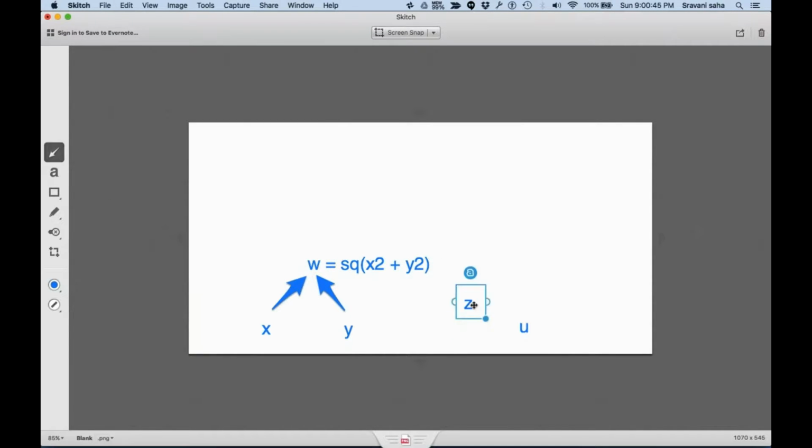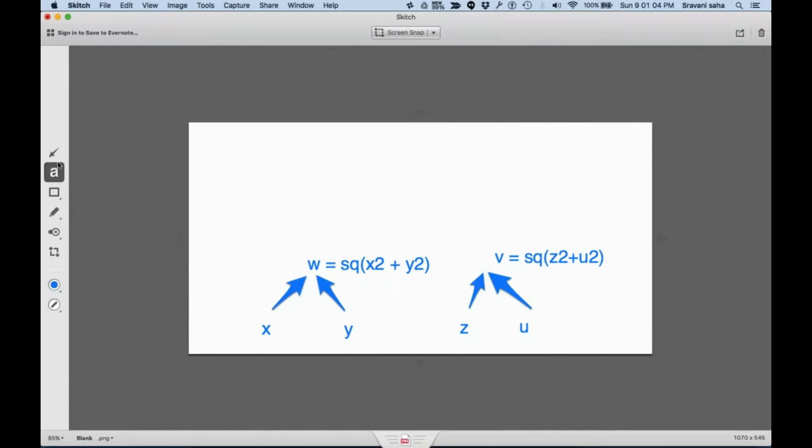Similarly, when we do the same thing here, let's say we get v, which is the square root of z square plus u square.